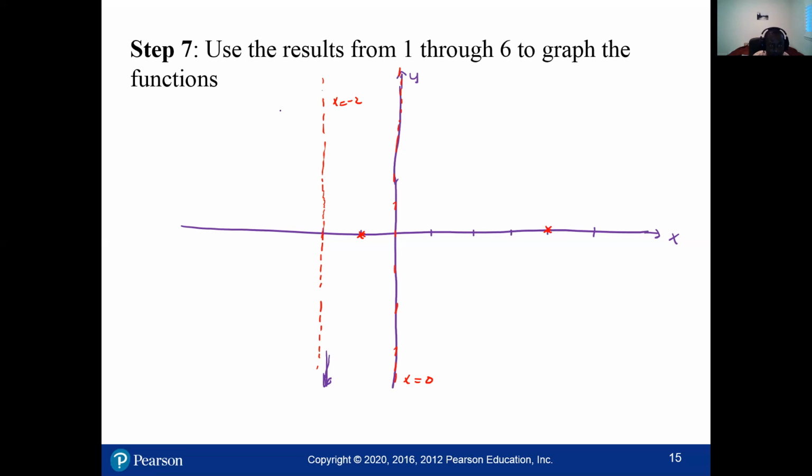As x approaches -2 from the left, it goes to positive infinity. And as x approaches 0 from the left, that also goes to positive infinity. And as x approaches 0 from the right, that goes to negative infinity, like that.